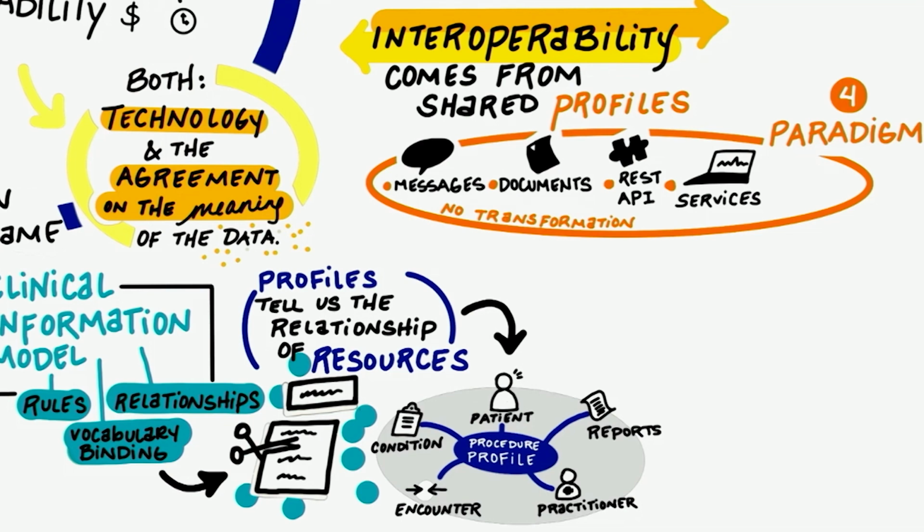And there is, in most cases, the procedure takes place within an encounter. There's a FHIR encounter resource. And most procedures, a lot of procedures, wind up producing a diagnostic report. That's another FHIR resource that would be profiled for whatever procedure we're building a scenario for.